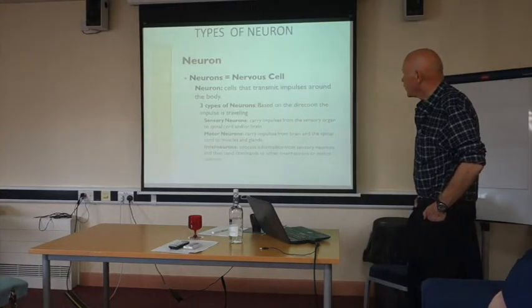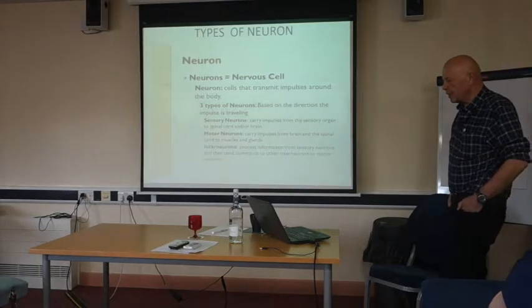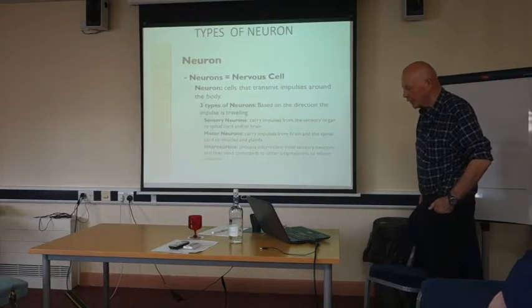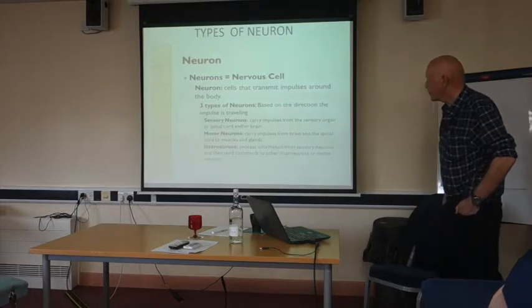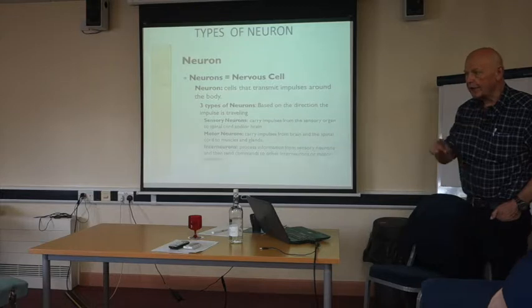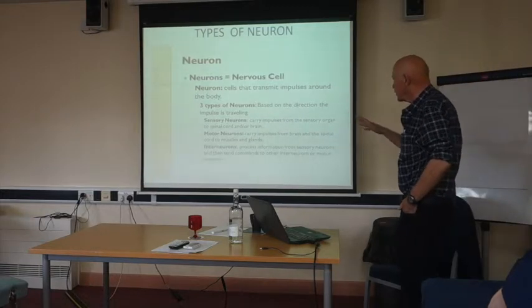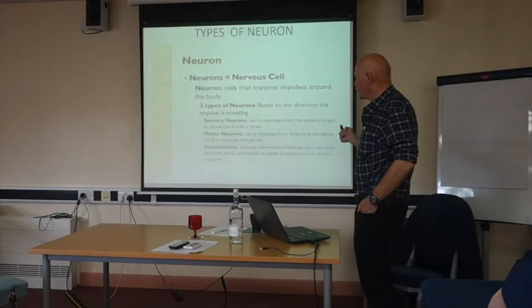The connections are made by neurons, which is a specialised cell within the nervous system, and there's effectively three types of them. The sensory ones carrying the information upwards, the motor ones carrying information downwards, and what everyone forgets about is that they will talk to each other.